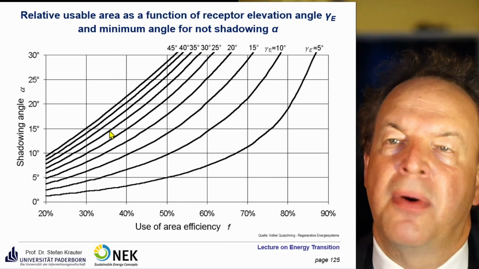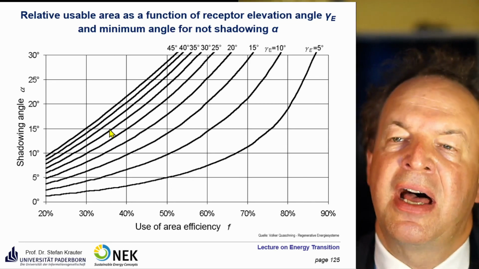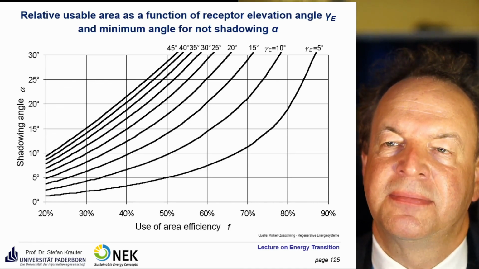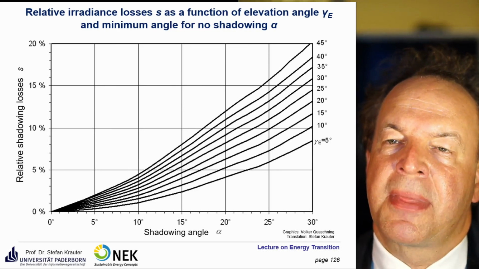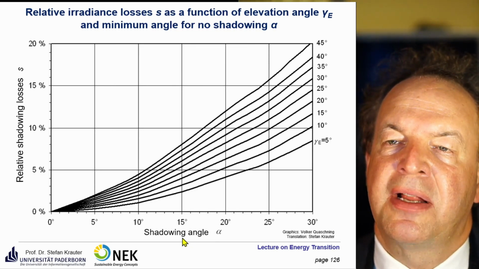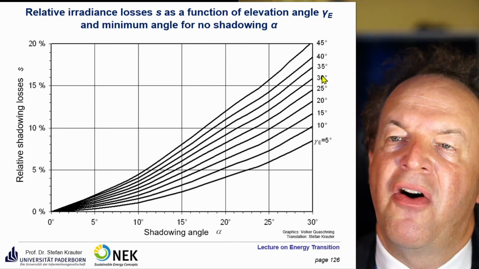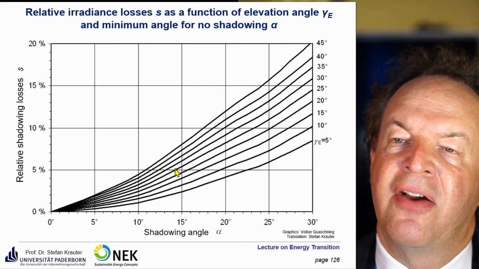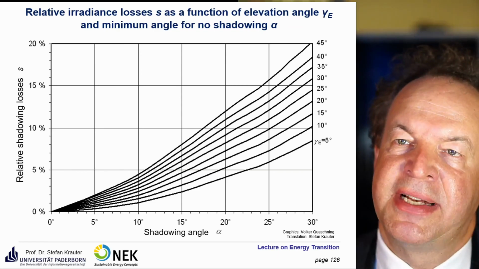If you combine these two, you see that you have an area efficiency F of about 35%. These are the relative irradiance losses. Going back to the example, 14.1 degrees, with an elevation angle of our receiver of 30 degrees, we have losses in the vicinity of 5%.